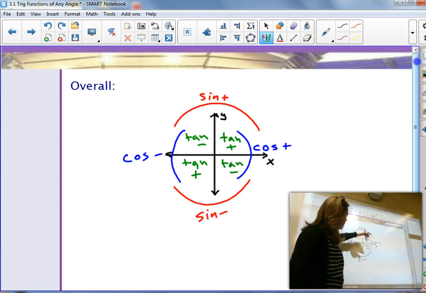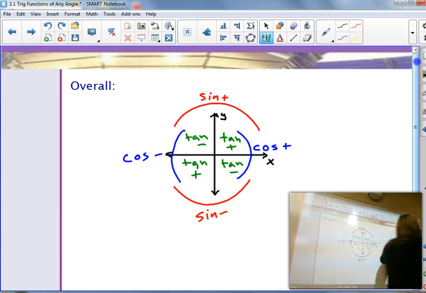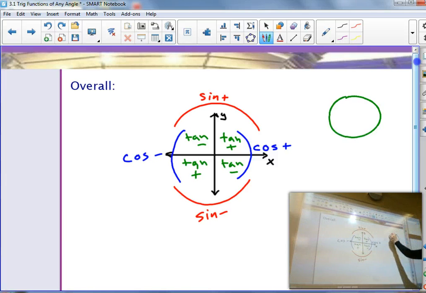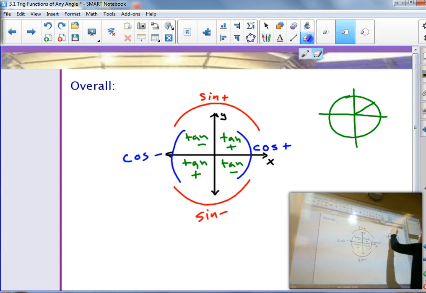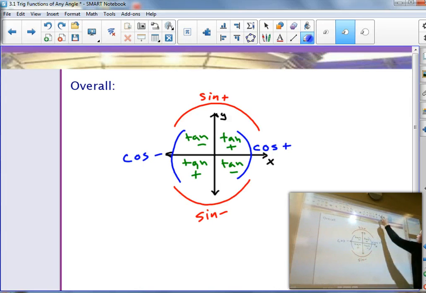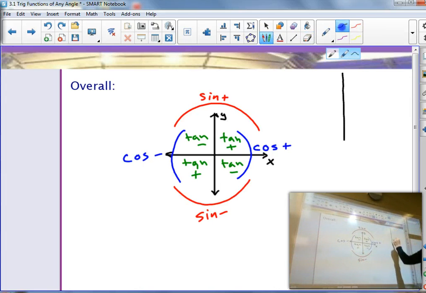And what's really happening is, remember when we drew those angles, even if we do it in the first quadrant right here, there's my hypotenuse, here's my angle. Where was the opposite side? It was over here, but that's that vertical distance.